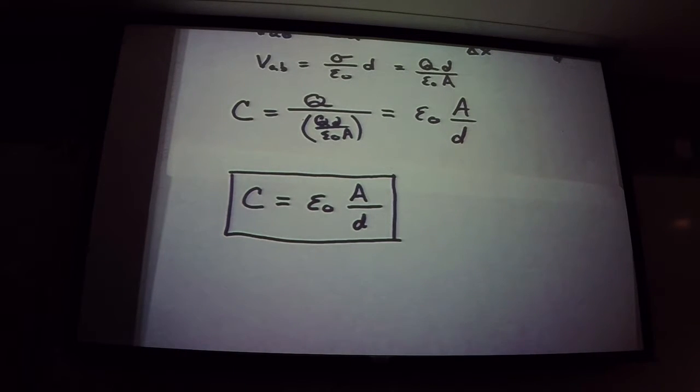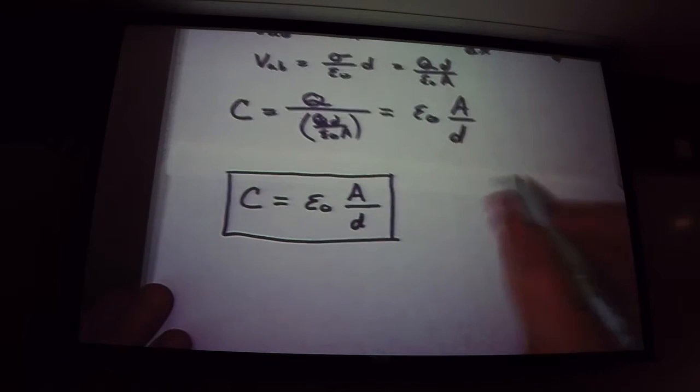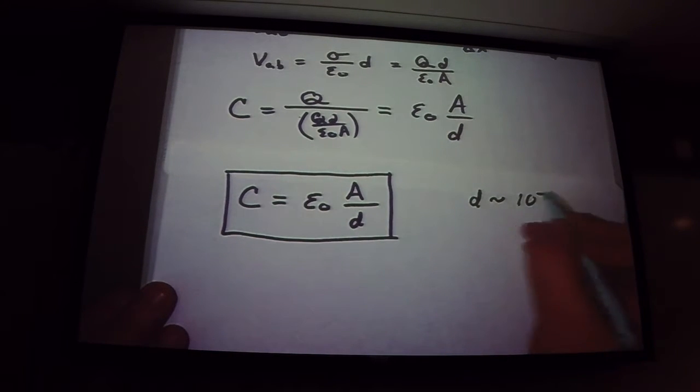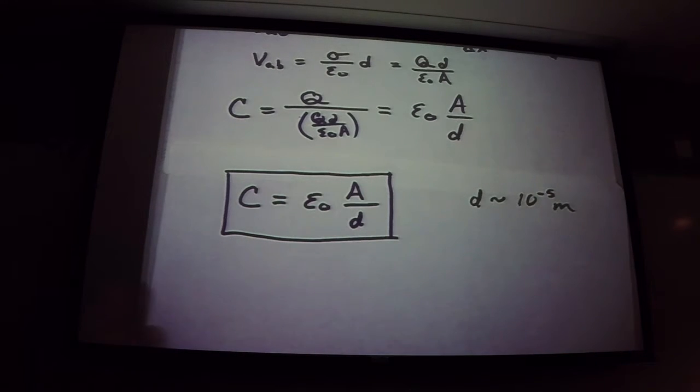So now if I were to calculate a capacitance, okay? Let's be generous with our distances and say we can get the plates really close together, where the distance is on the order of 10 to the negative fifth meters. That's about 10 micrometers, which is very, very close together.